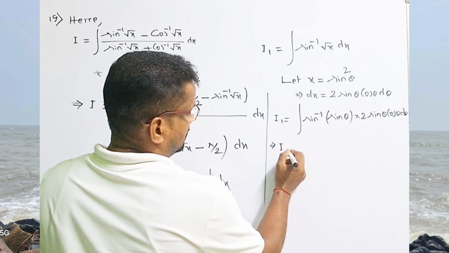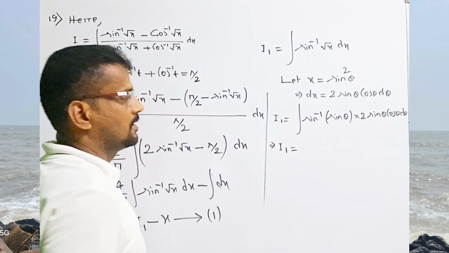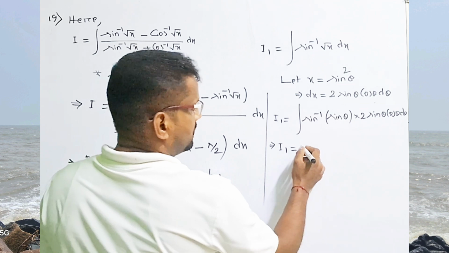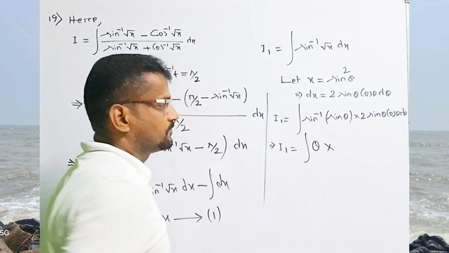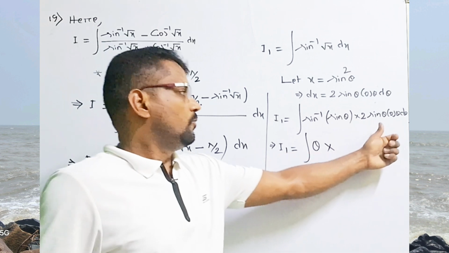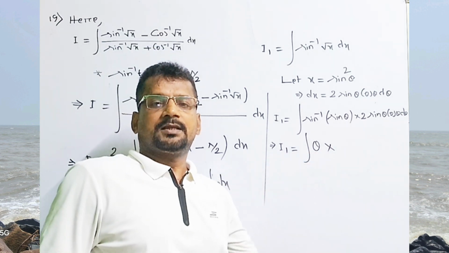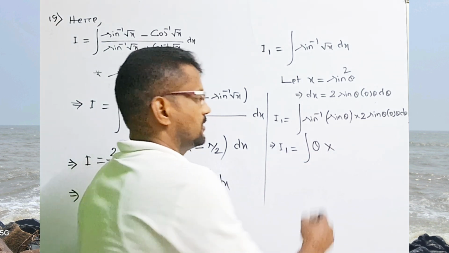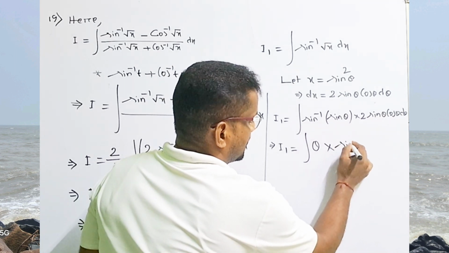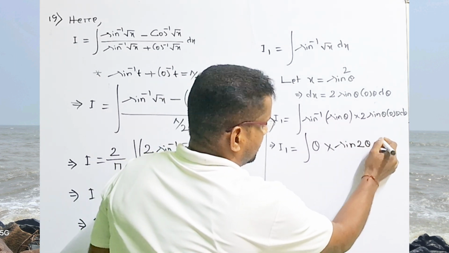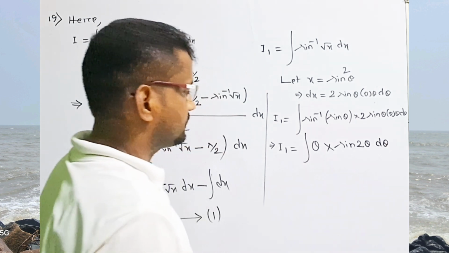Implies I1 equals, now sine inverse of sine is the identity function, the integration of theta into, we know that 2 sine theta cos theta is nothing but sine of twice theta. That's why you can write sine of twice theta d theta.